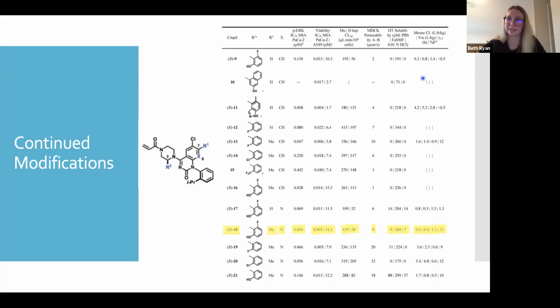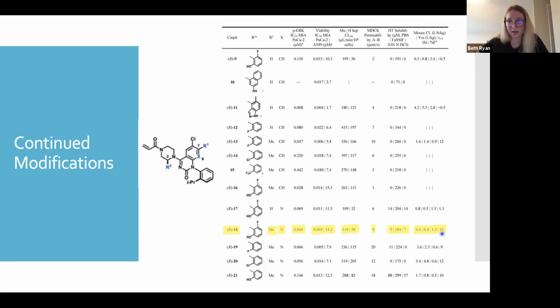And then lastly, they grouped together the mouse clearance, the volume of distribution at VSS, the half-life, and the percent bioavailability. So clearance, volume of distribution, half-life in hours, and the bioavailability.